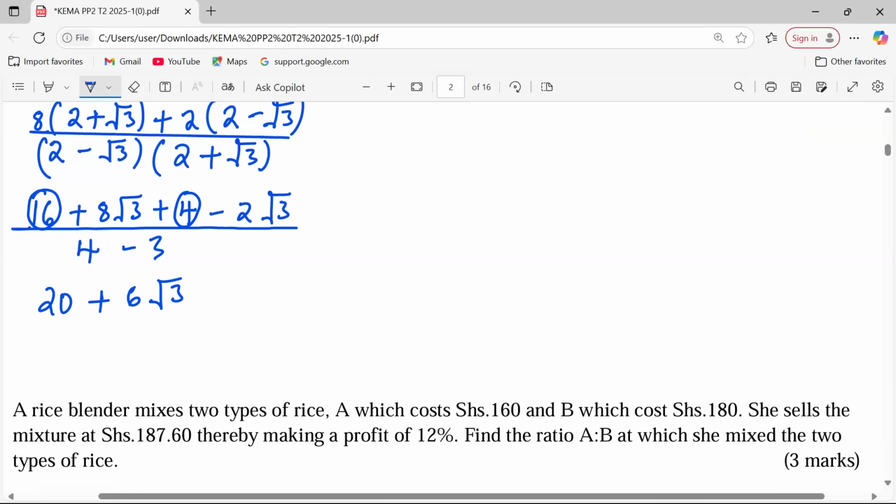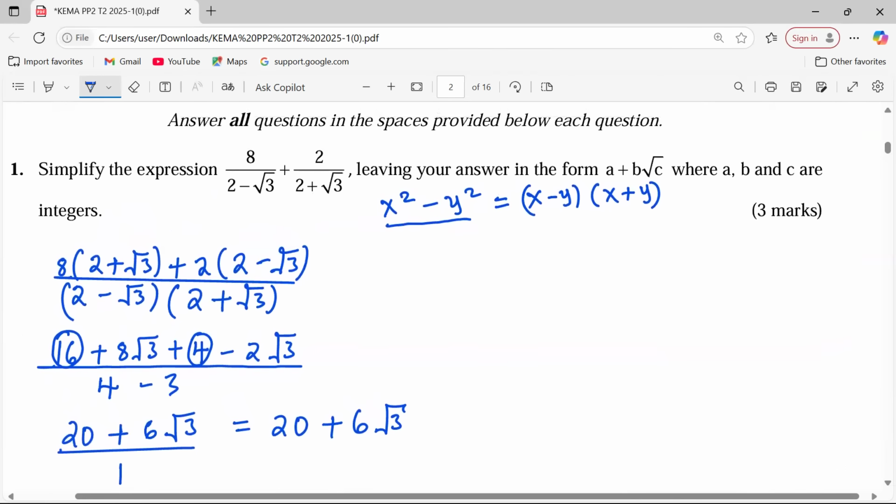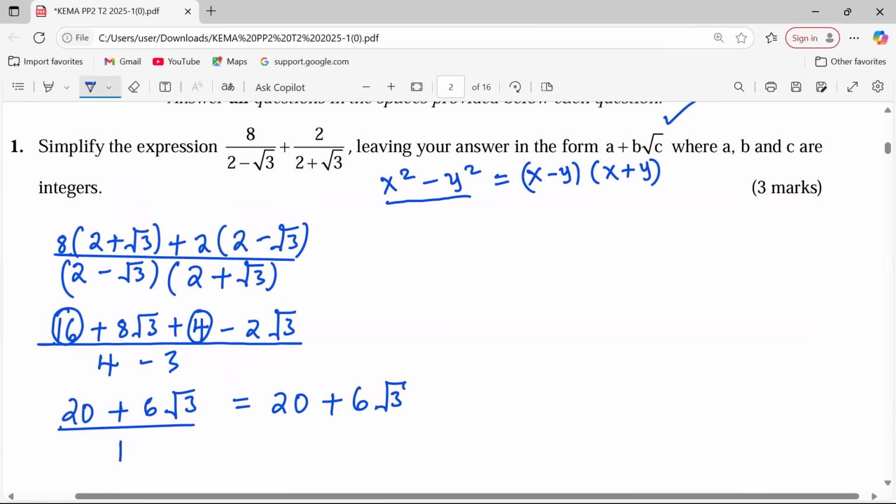You see, this one now is being divided by 1. And you know very well that when anything is divided by 1, the value just remains as it is. So the most simplified answer here is 20 plus 6 the root of 3. So we are through with the simplification, and according to the demand statement, the question is in the format that the examiners needed it.